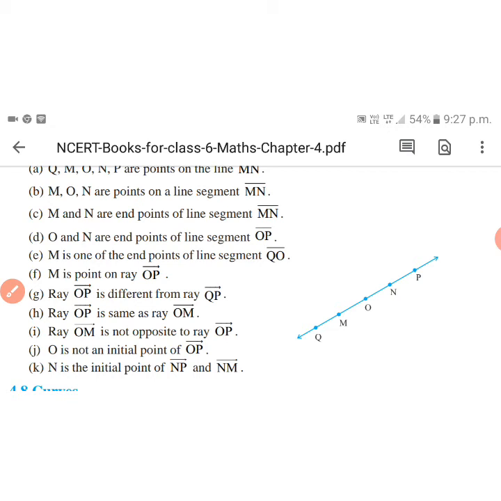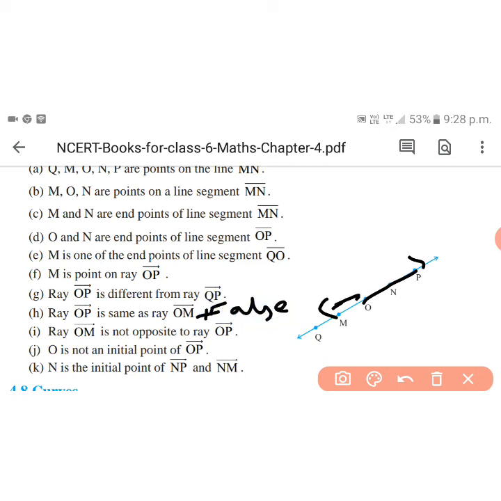H part: ray OP is the same as ray OM. This is ray OP and this is ray OM. Ray OP is not the same as ray OM, so the statement is false.